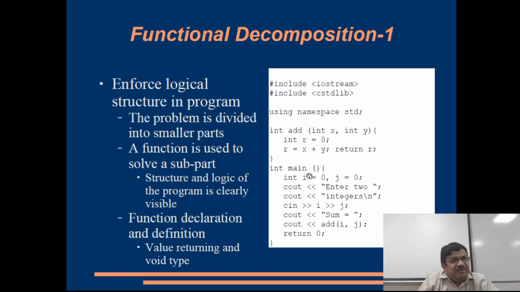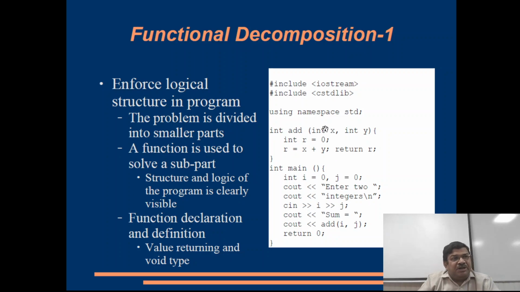And then main, the main driver function, starts, and it refers to this add. Now imagine if you did not have this piece of code defined here, this would have caused an error. The compiler would not know what add is.